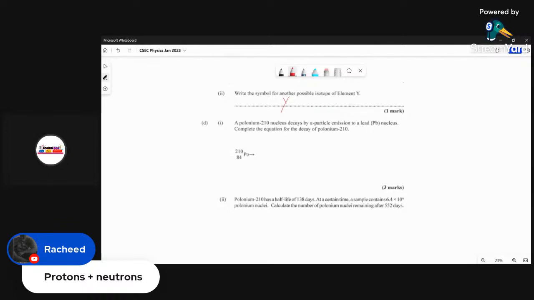So tell me the proton number, or atomic number, for this other element, or this isotope of element Y. What's the proton number for this isotope of element Y?